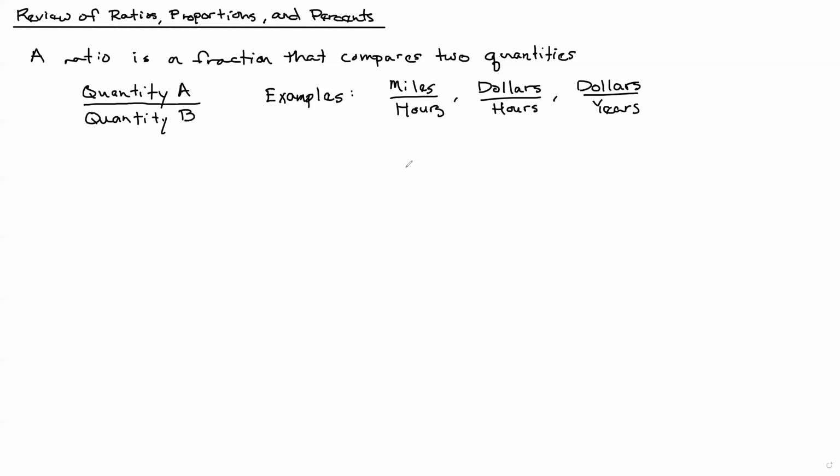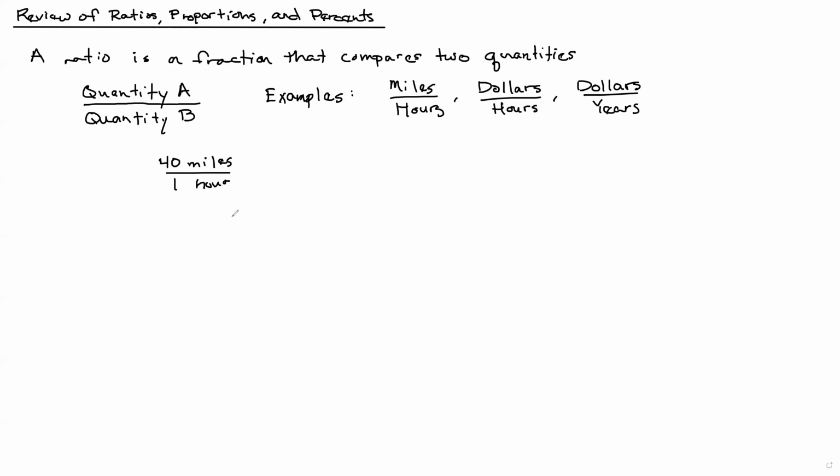To give a specific example, you could have something like 40 miles per hour. We write that as 40 miles over 1 hour, in a mathematical sense.